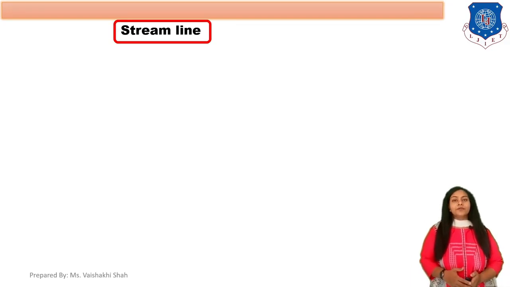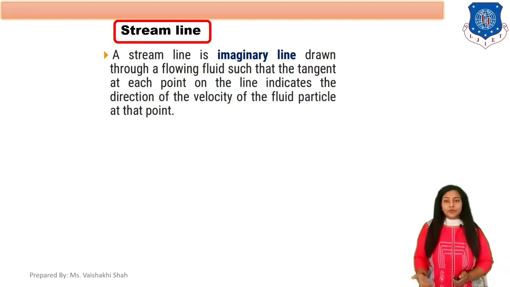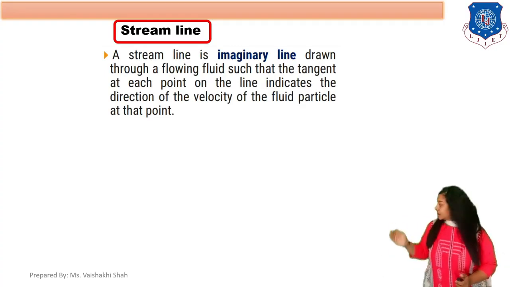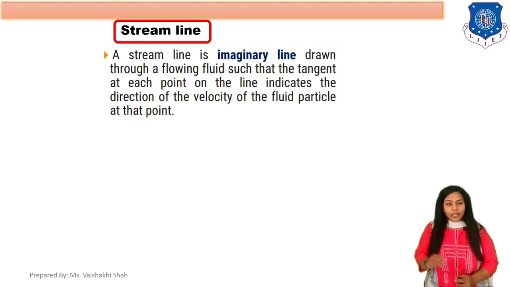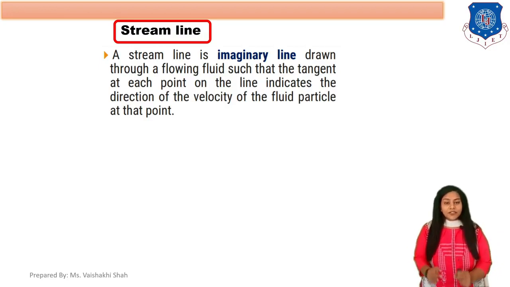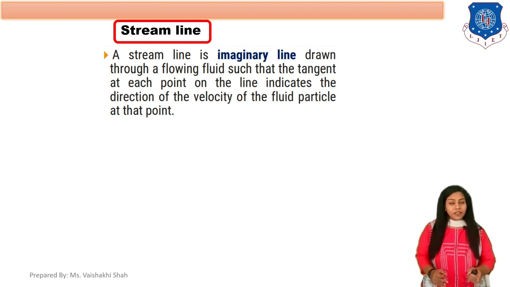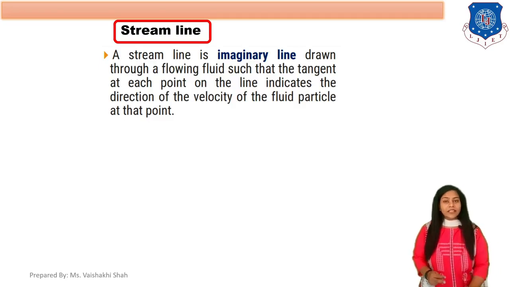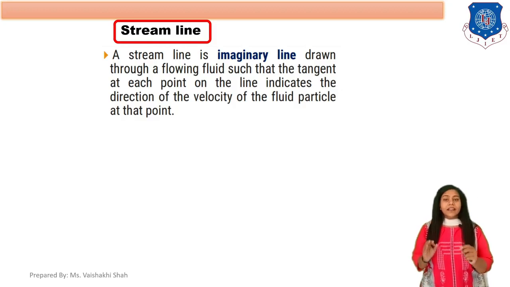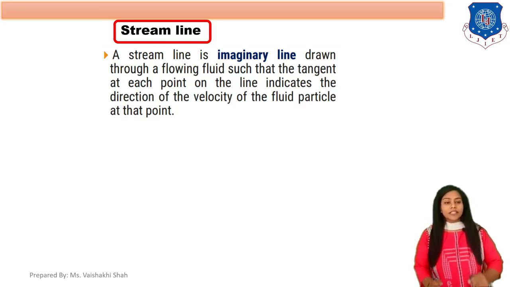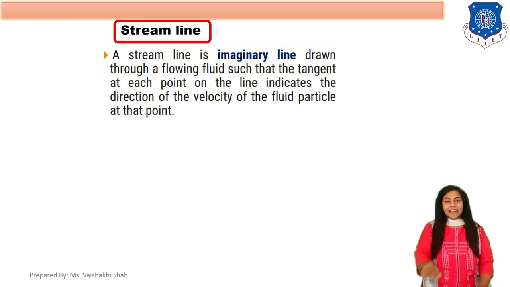Now the second is the streamline. What do you mean by the term streamline? A streamline is an imaginary line drawn through a flowing fluid such that the tangent at each point on the line indicates the direction of the velocity of the fluid particle at that point.